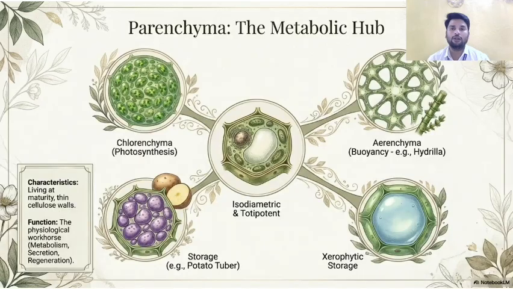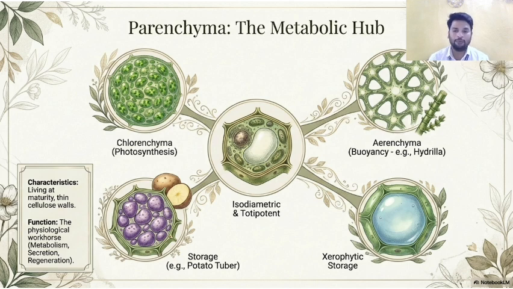Then parenchyma, the metabolic hub. When the parenchyma stores plastids, it is known as chlorenchyma, which performs the process of photosynthesis. When parenchyma tissue stores air, it provides buoyancy in Hydrilla plants.